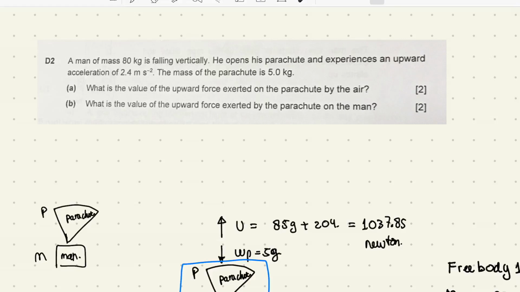That is because the parachute makes the man decelerate downwards, so it's accelerating upwards. The acceleration is 2.4 meter per second square. The mass of the parachute is 5 kg. What is the value of the upward force exerted on the parachute by air?